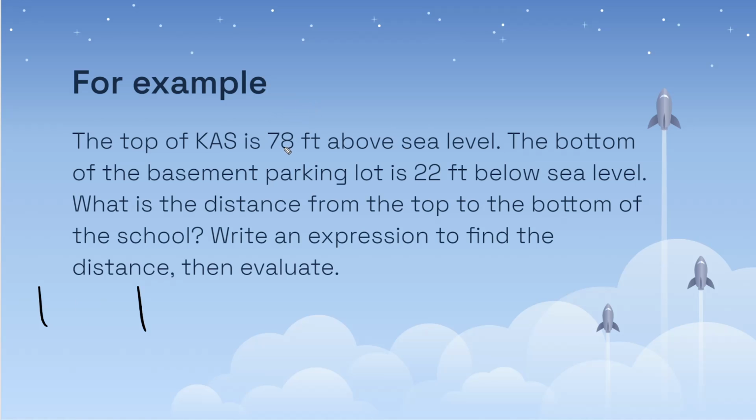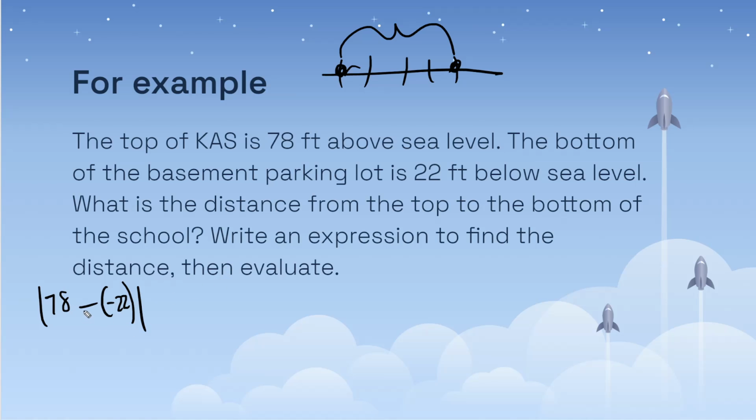So we're finding the distance from the top to the bottom, right? Which means that if we were on a number line between one number and another number, we're not adding them together. We're not finding how much more. We're finding what is the distance between. So this is a subtraction problem, right? 78 is above sea level. 22 is below sea level.